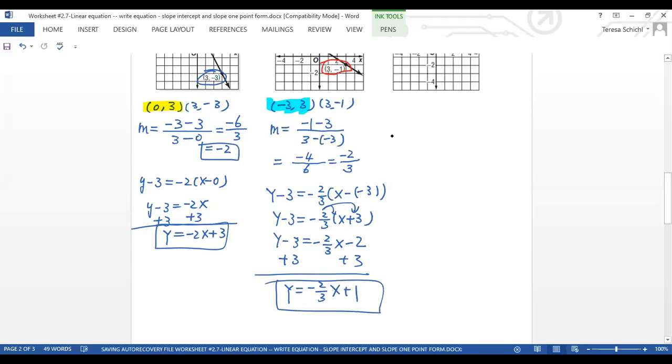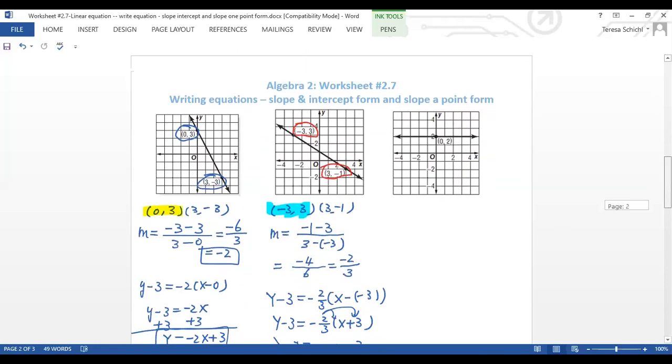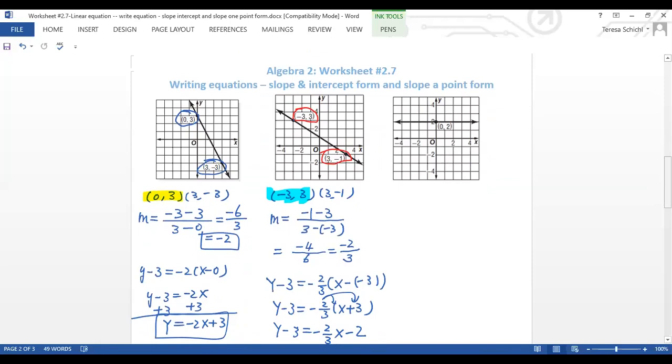Okay, so now the last one. If you still remember from the previous video when we talked about the slope, this is a flat line. So what is the slope here? The slope is equal to 0, and it also passes through (0, 2).